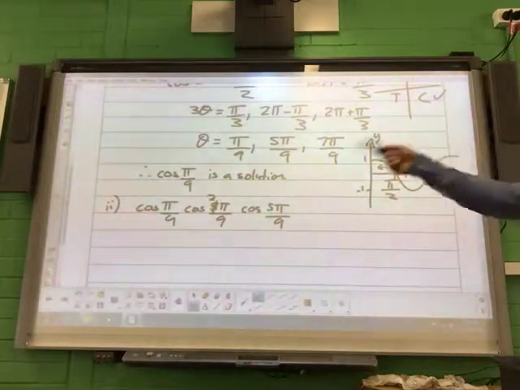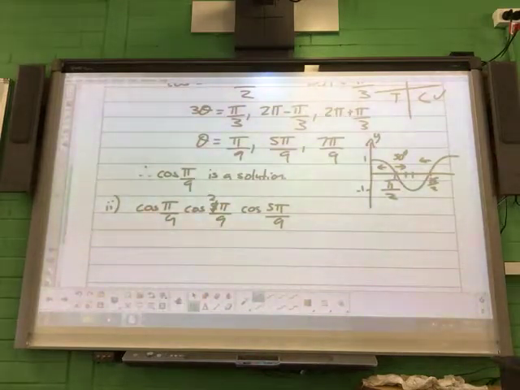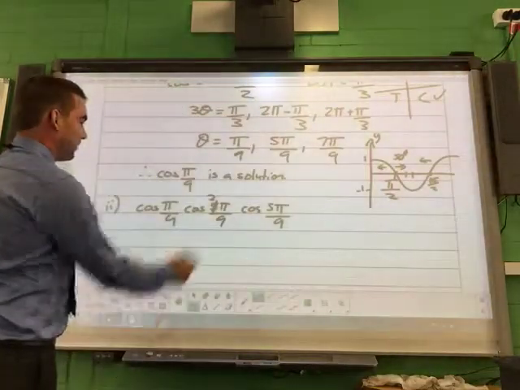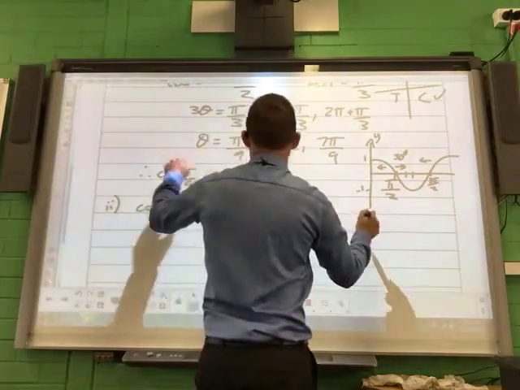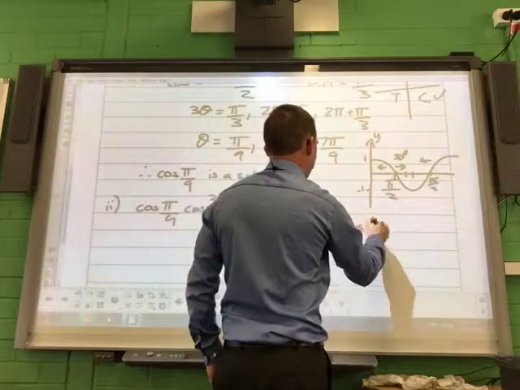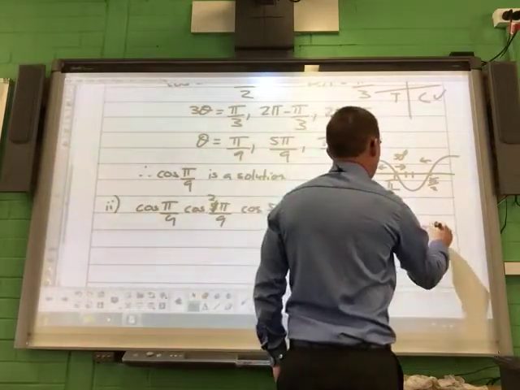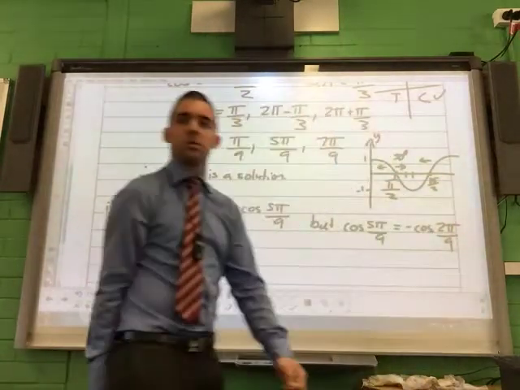Now let me help you out. What is pi on 9 in degrees? So if I need 40, I need 2 pi on 9. And that's what we know here. But cos of 5 pi on 9 is equal to negative cos of 2 pi on 9 because of the symmetry.